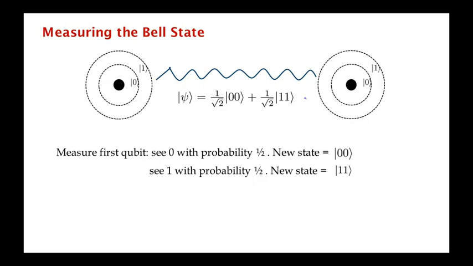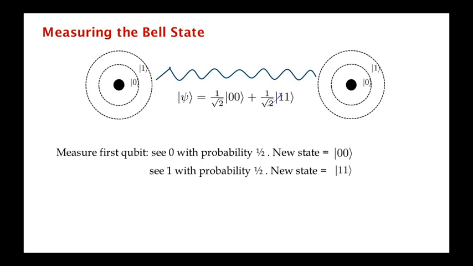What happens when you measure the first qubit? Well, when you measure the first qubit, you see 0 with probability, the square of the magnitude of this, which is a half. But what happens if you actually happen to see a 0? Well, remember the rules of measurement. What they tell us is that if you see a 0, the new state is going to be determined like this.